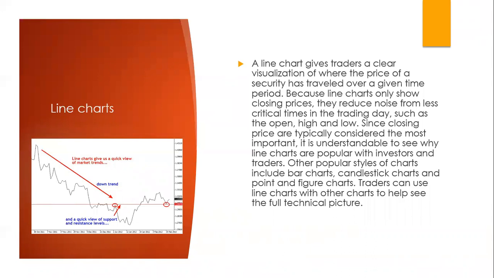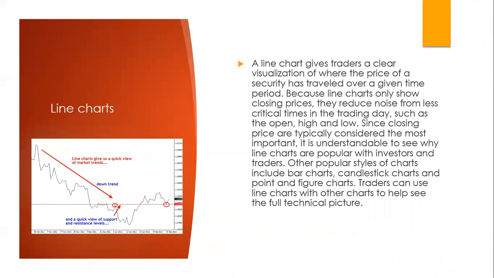Right? So line charts give traders a clear visualization of where the price of a security, in this case forex price, has traveled over a given time period. Because the line chart only shows closing prices, they reduce noise from less critical times in the trading day, such as the open, high, and low.